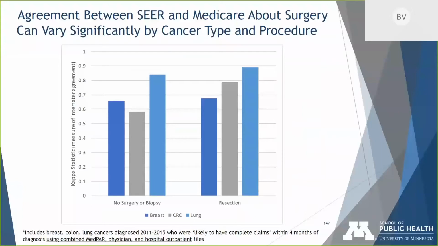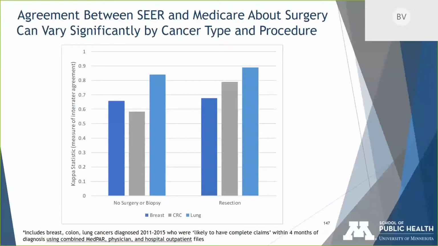So those are the individuals, as Christy mentioned earlier, that are enrolled in Part A and B, that did not have any evidence of enrollment in an HMO, and some other exclusion criteria within 4 months of their diagnosis.